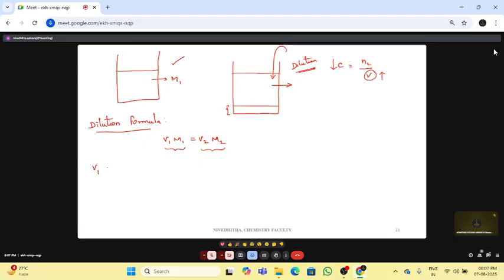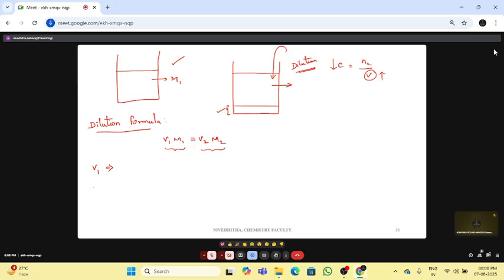So V1 is the, please note it down, Kana. V1 is the volume of the stock solution taken, or highly concentrated solution. Volume of the concentrated solution taken.